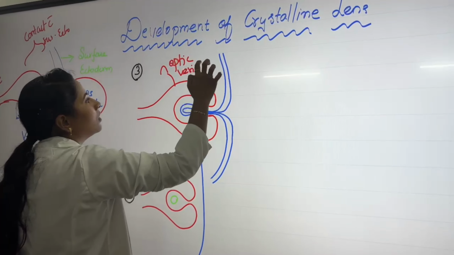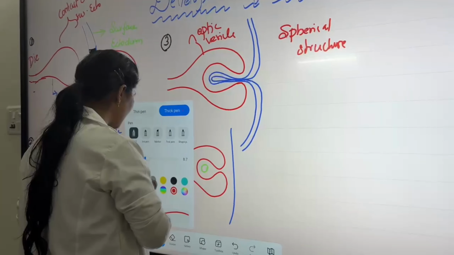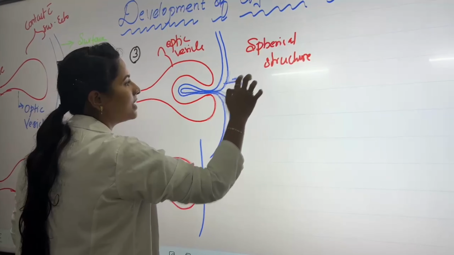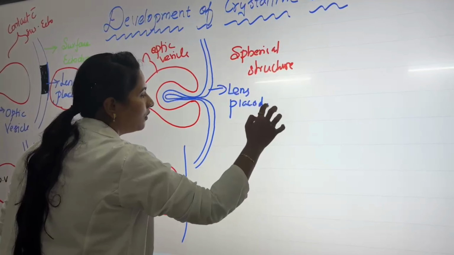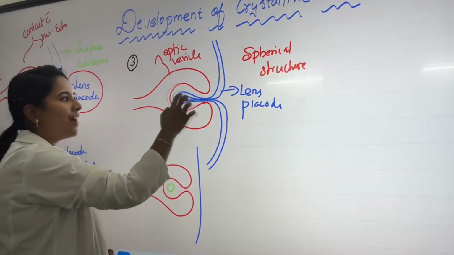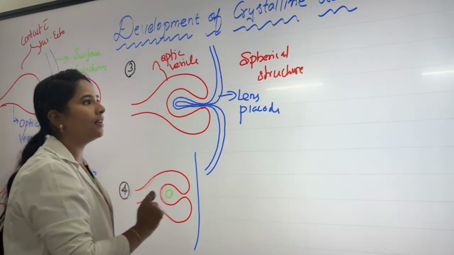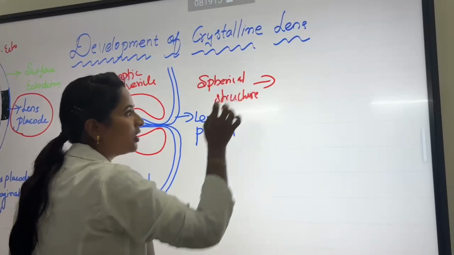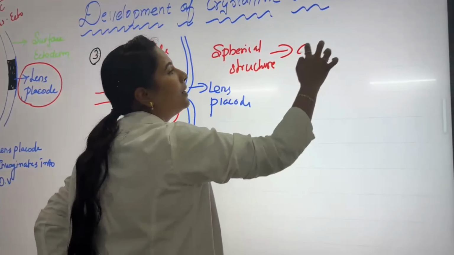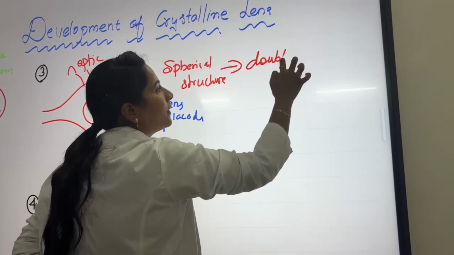You already know this is the lens placode. When this lens placode invaginates into the optic vesicle, this spherical structure develops into a double layered structure.